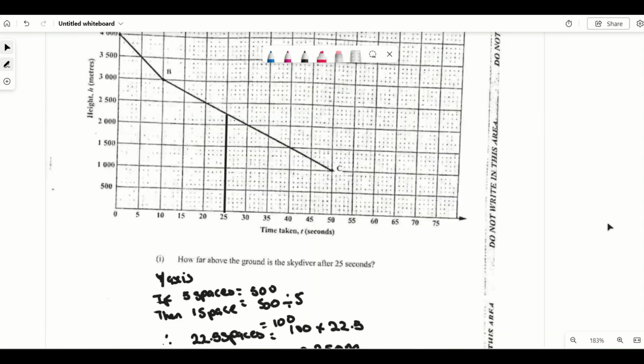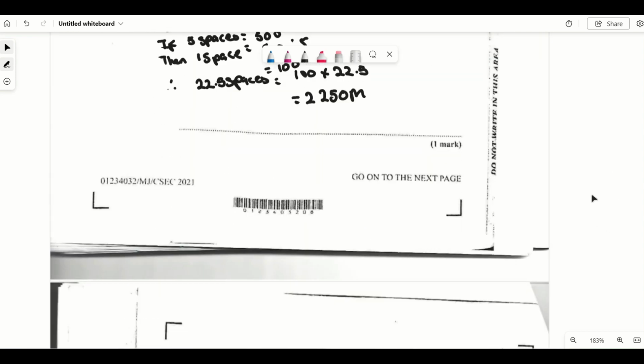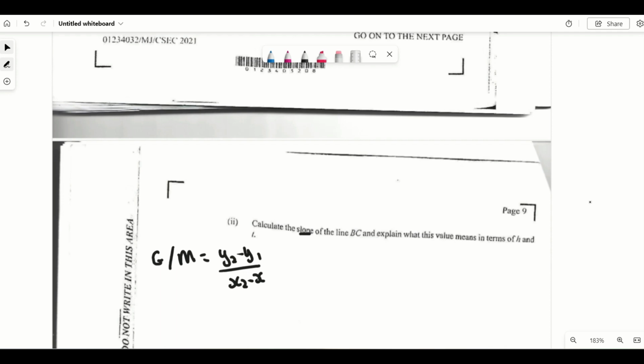Now height, we can say this is distance, and this is time. What formula is distance over time? If you remember, speed is distance over time.